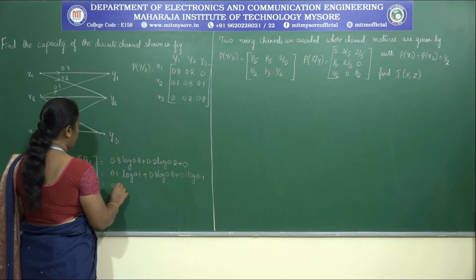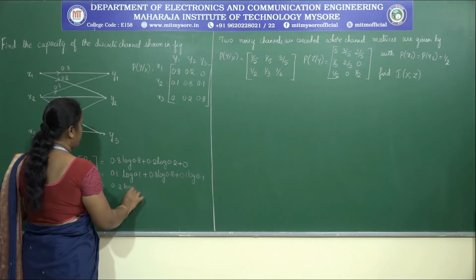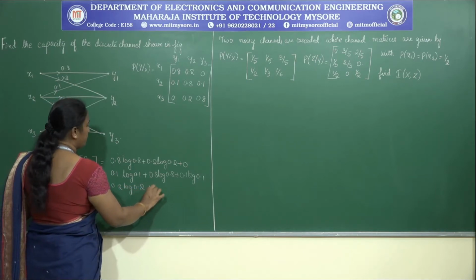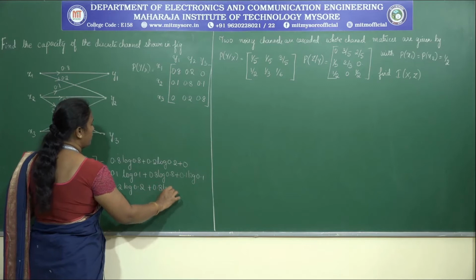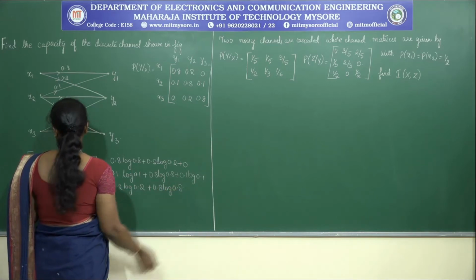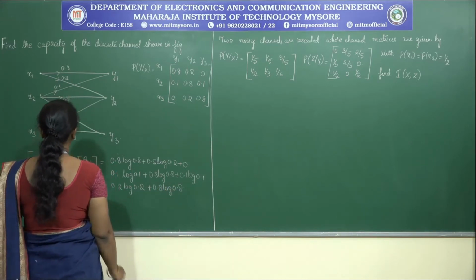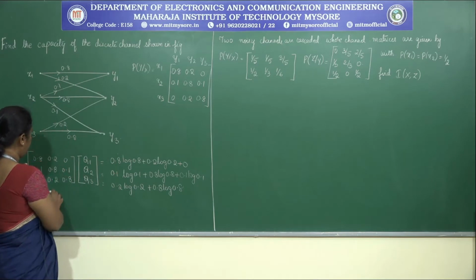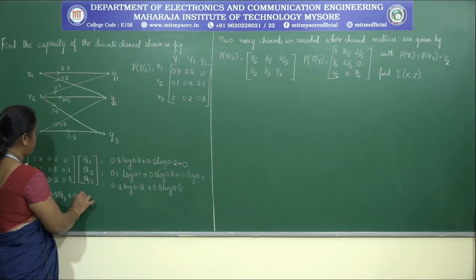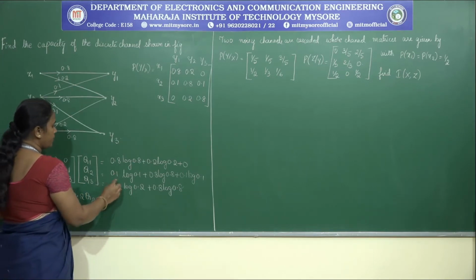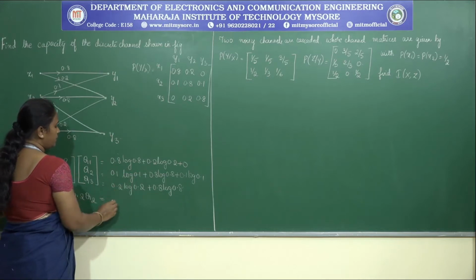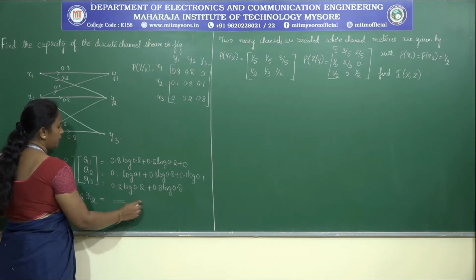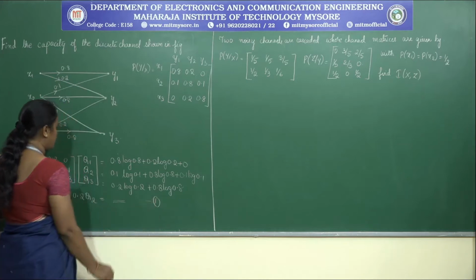Then we have 0.2 log of 0.2 plus 0.8 log of 0.8. This can be written as 0.8 Q1 plus 0.2 Q2 is equal to, simplify this and you will get some value. Represent this by equation 1.